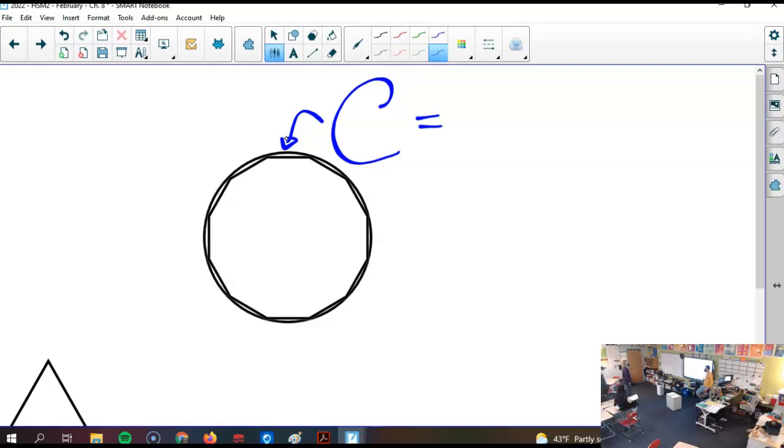The crust, not the pan. Before it's bread, what is it? Dough. Pie dough. So crust is pie dough. The circumference is pi times diameter.